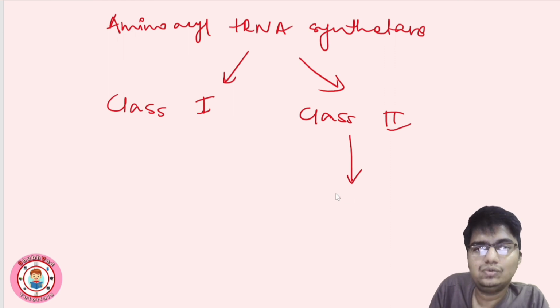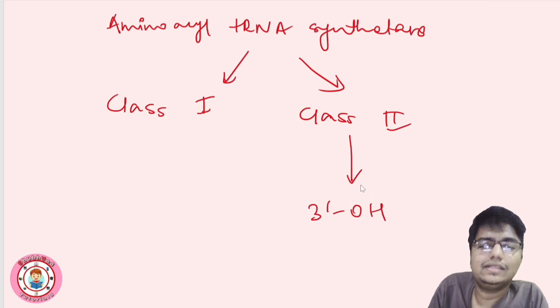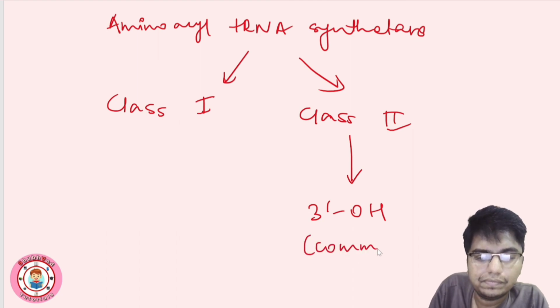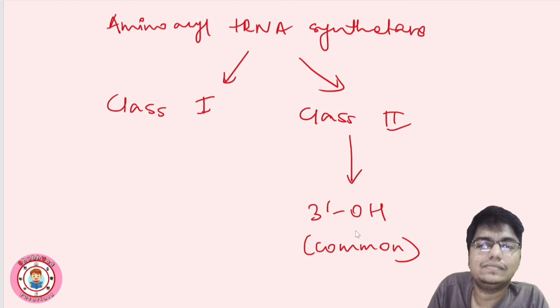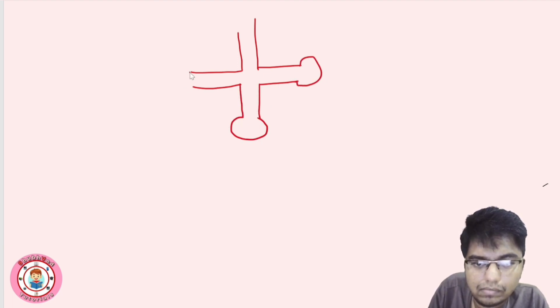Class 2 attaches amino acids at the 3 prime OH. Okay, 3 prime OH, which is the common one. Again I will draw the structure of tRNA here. So this is the 5 prime, this is the 3 prime.